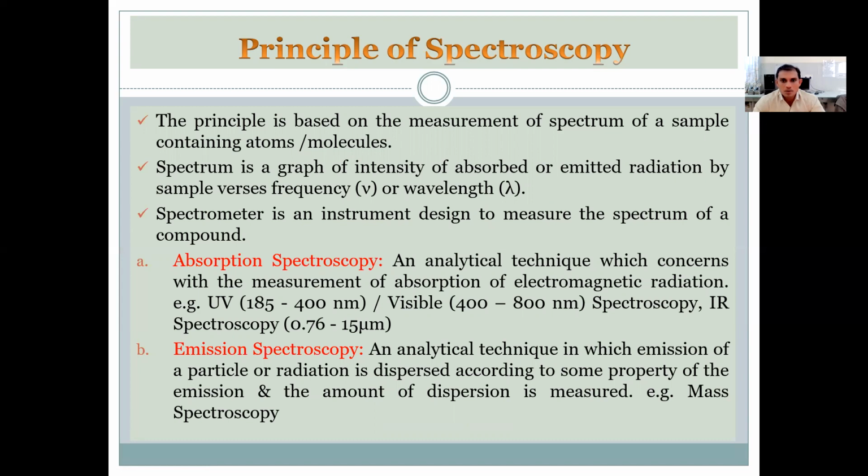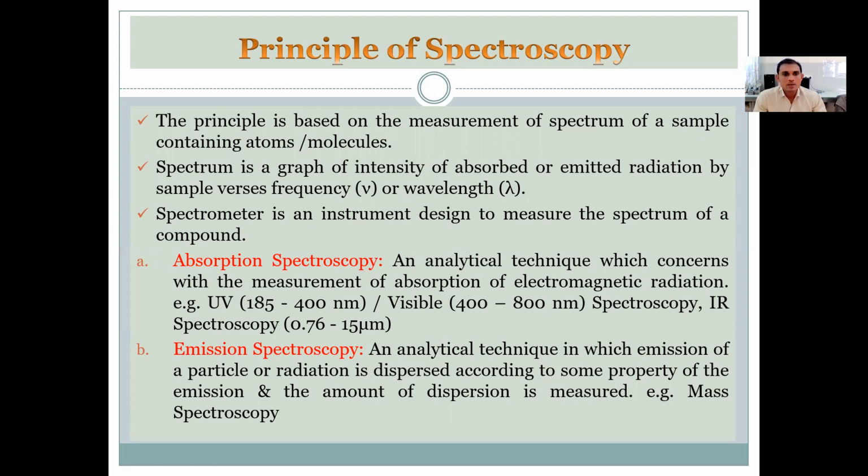The radiation will be absorbed or emitted, and it is graphically plotted as sample response versus frequency or wavelength. A spectrometer is an instrument designed to measure the spectrum of compounds.